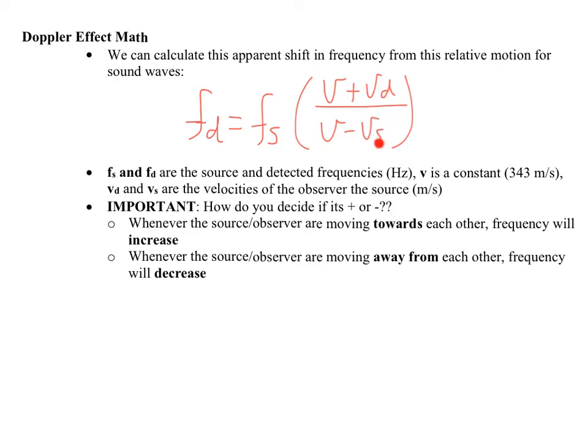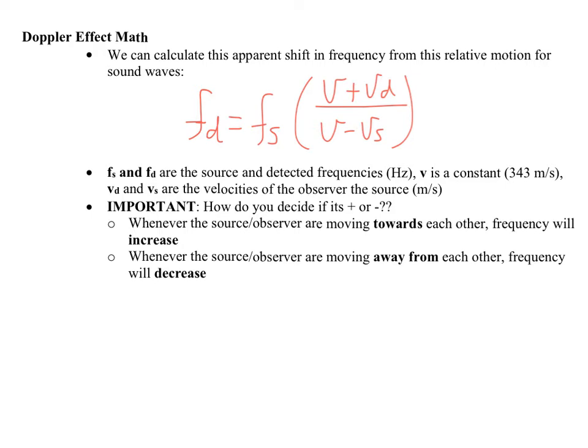This is the speed of the source, that's wherever the noise is coming from. This is the frequency of the source, and this is the frequency detected. So frequency is really what's changing in terms of what you're hearing. A source will have a frequency that it's emitting the waves in, but this is what you're hearing it as.